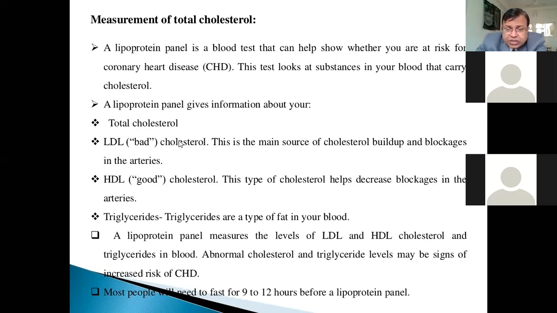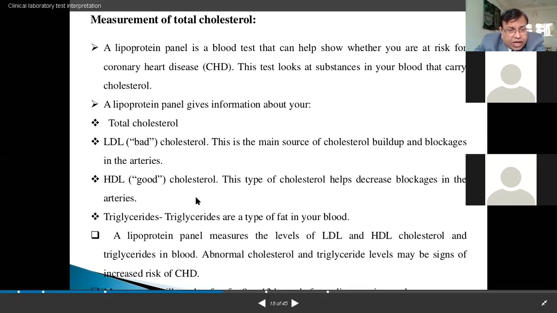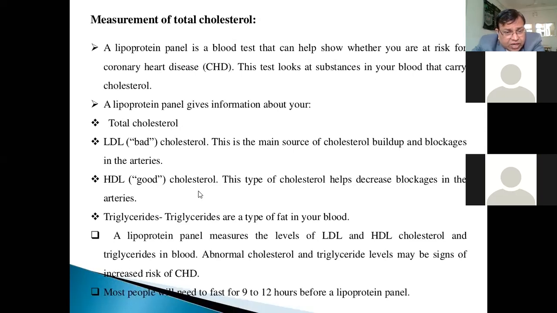The lipoprotein panel measures the level of LDL and HDL cholesterol and triglycerides in the blood. Abnormal cholesterol and triglyceride levels may be a sign of increased risk of CHD.